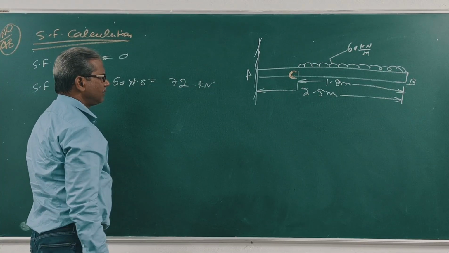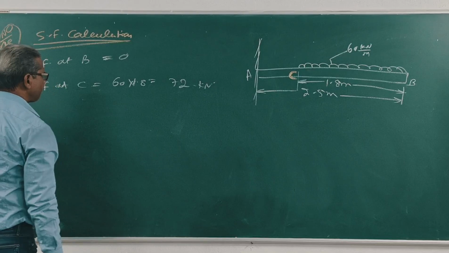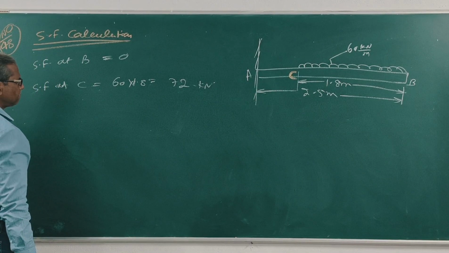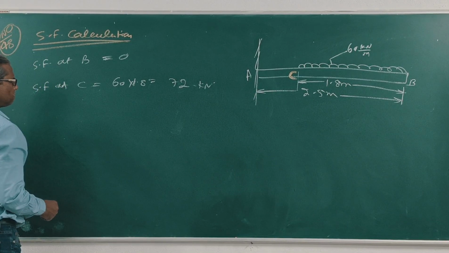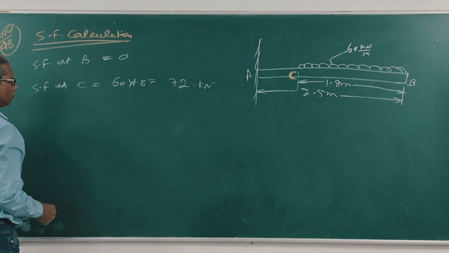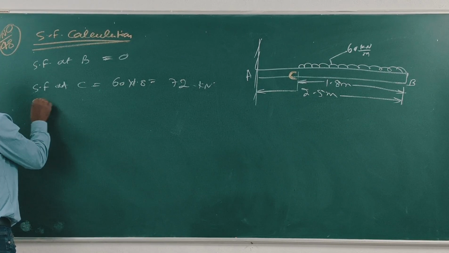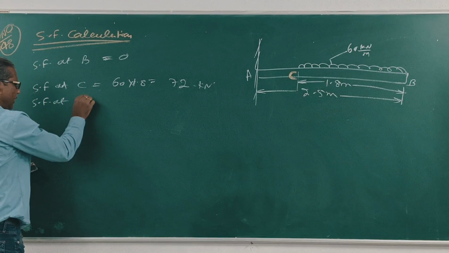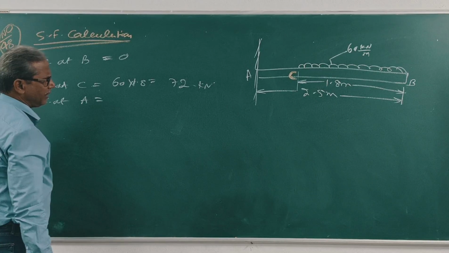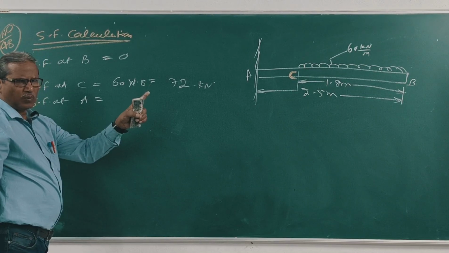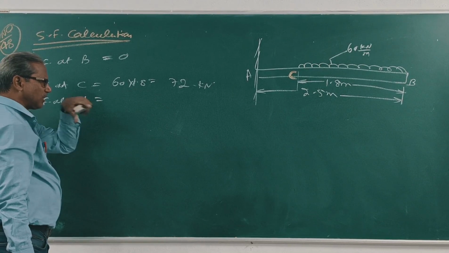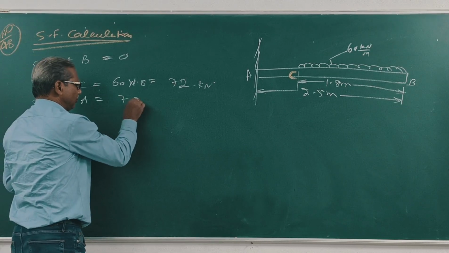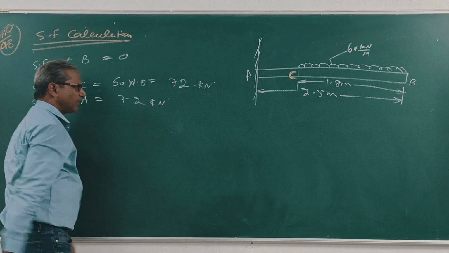Right? At A, there is no load between C and A, so the shear force remains constant at 108 kilonewton. Right?